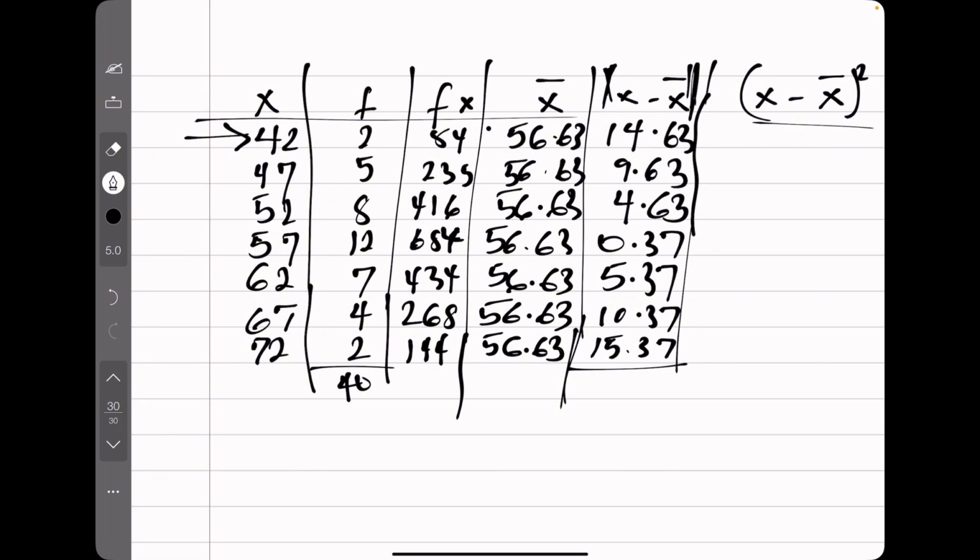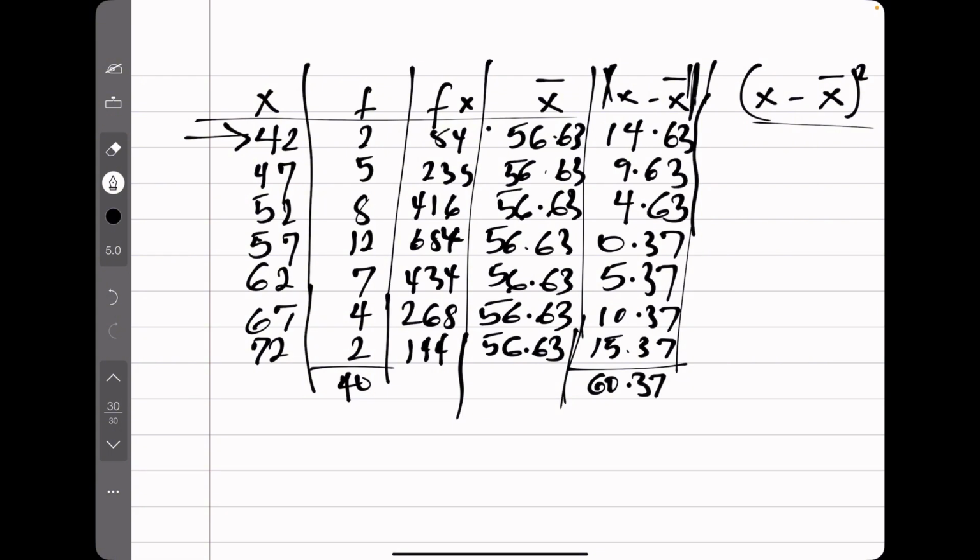So now that we're sure our answers are right, we add them together. 15.37 plus 10.37 plus 5.37 plus 0.37 plus 4.63 plus 9.63 plus 14.63. All should give you 60.37.